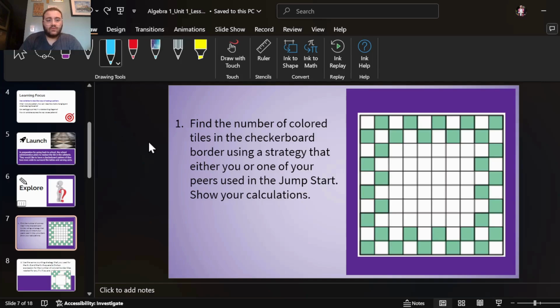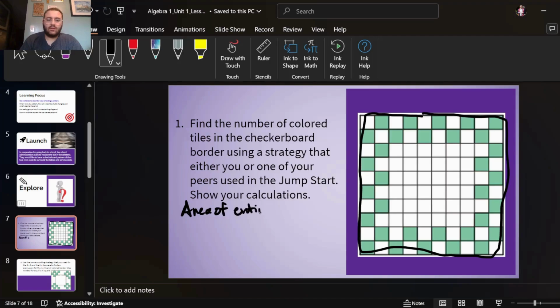If you're a student and you struggle with finding a pattern, I always say actually start with finding the area of the whole square. So we're going to find the area of the entire square, which in this case is 1, 2, 3, 4, 5, 6, 7, 8, 9, 10.